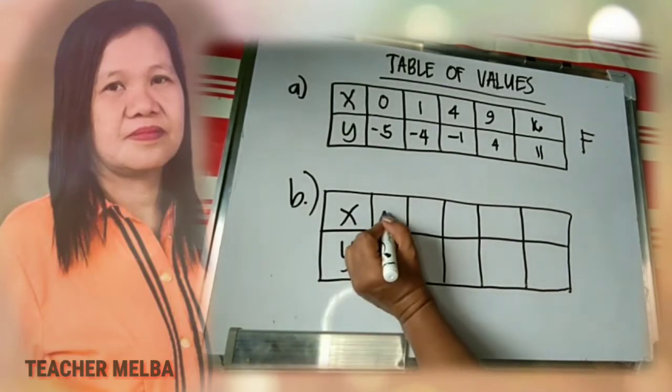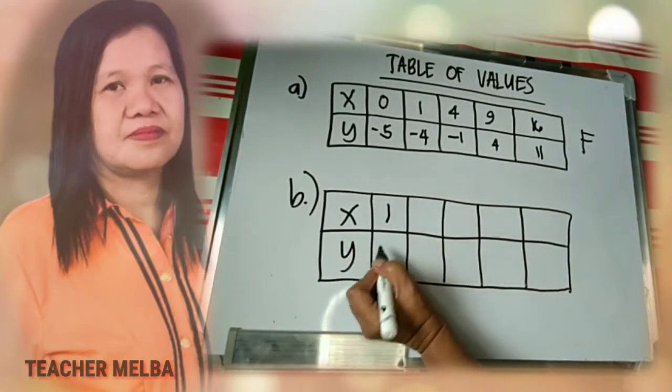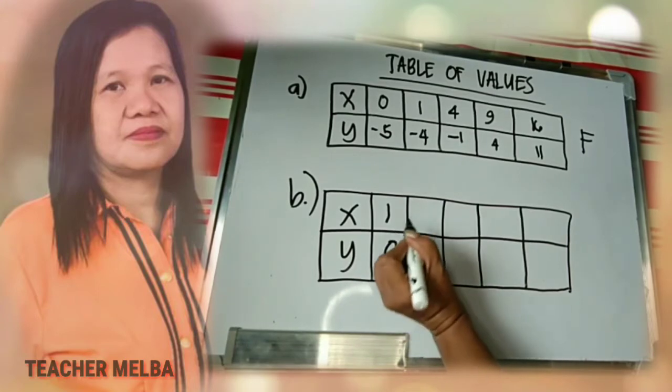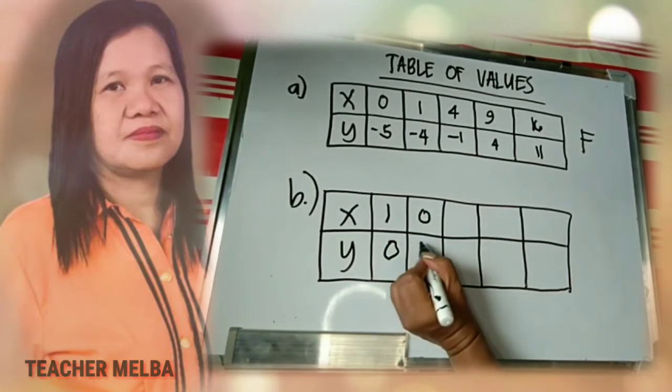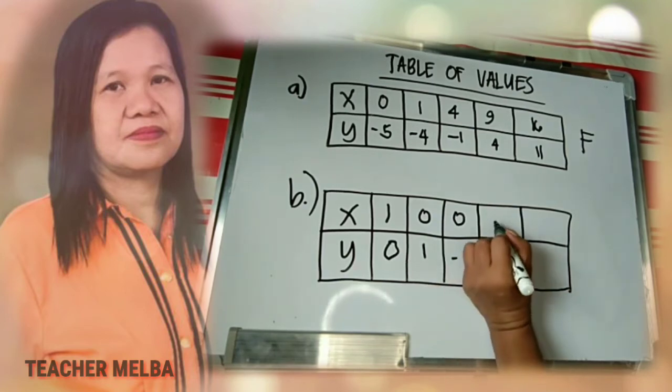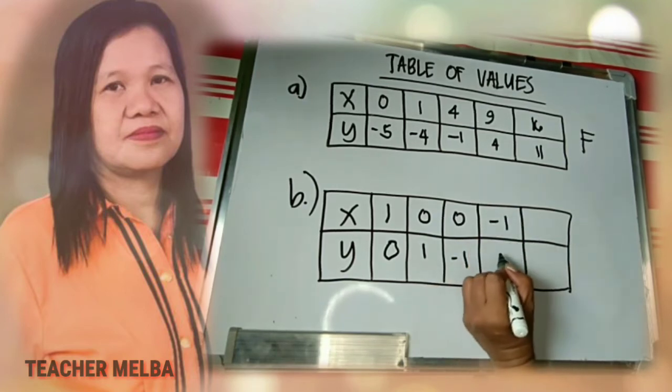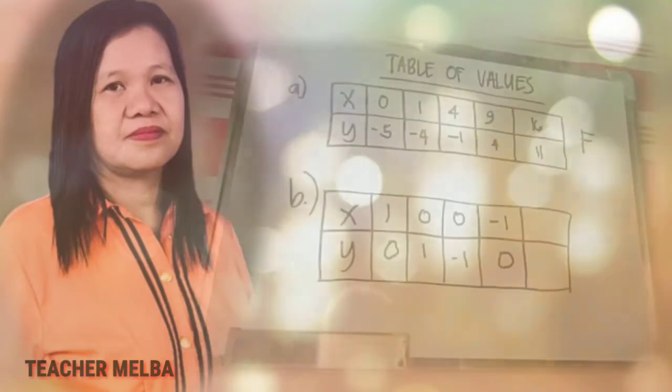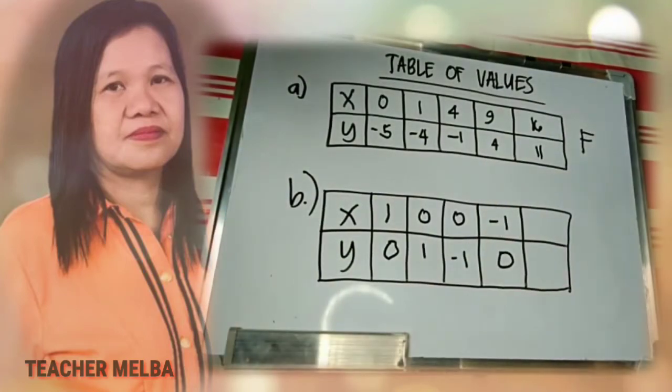For the values of x, we have 1, y is 0; 0, 1; 0, negative 1; negative 1, 0.